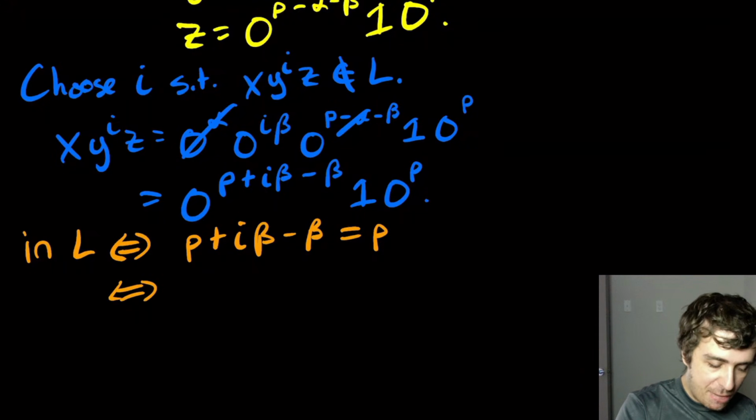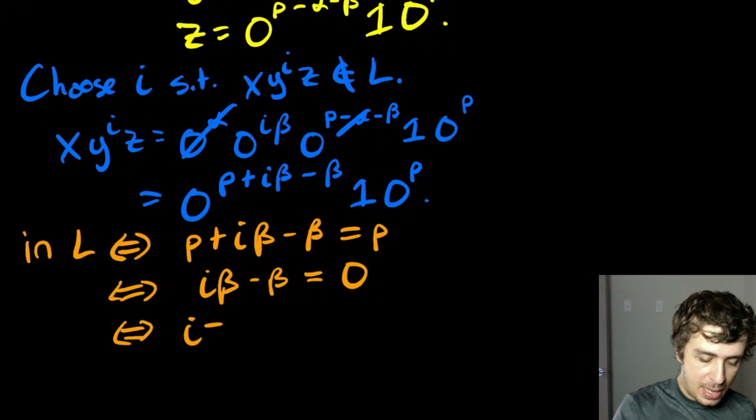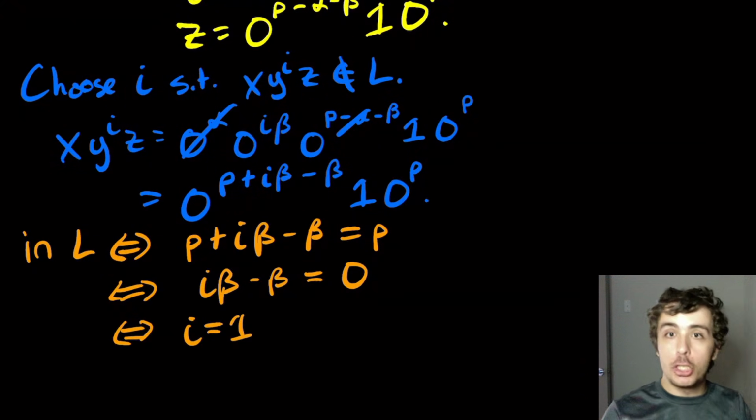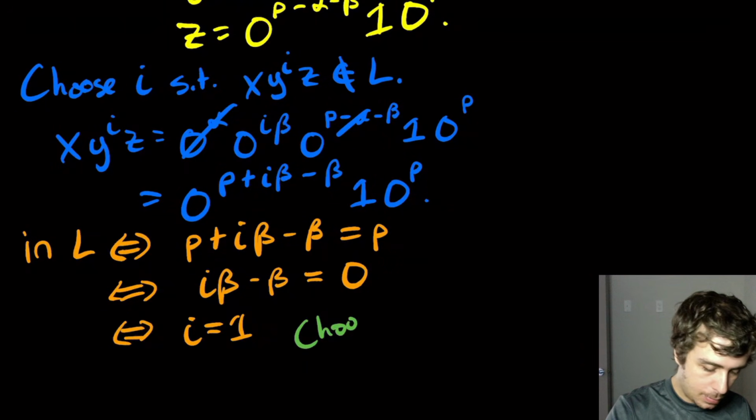So this is if and only if I beta minus beta equals 0. And this is if and only if I is equal to 1. So if I choose any value other than 1, then we can find that this thing is not in the language. And I will just pick I equal to 2. So choose I equal to 2.